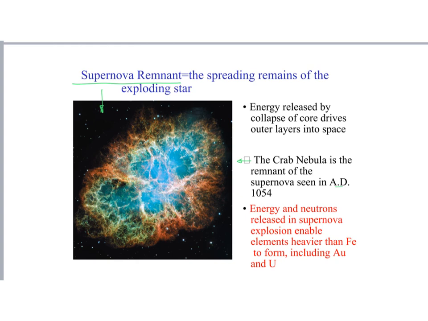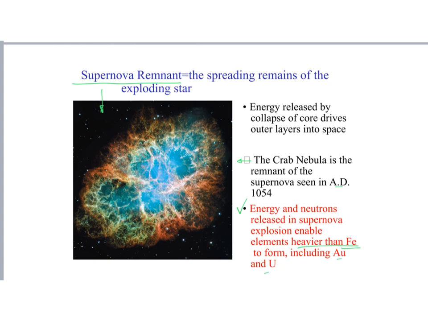Okay, now a very important note: the energy and the neutrons released in any supernova explosion, based on our calculations and calculations of the so-called astronuclear physicists, showed that it is this kind of explosion that is pretty much the only phenomenon that enables elements heavier than iron to form. For example, gold and uranium, right?